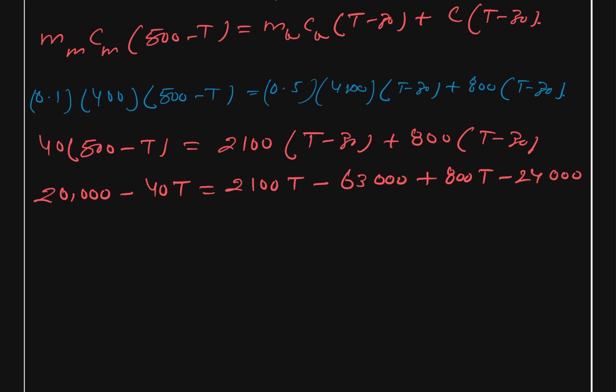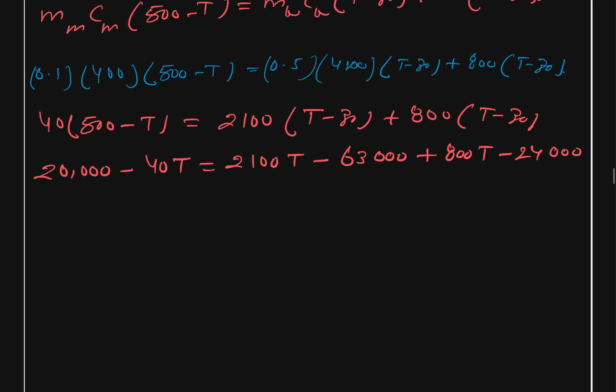So we can just solve this now, and we get 63,000 plus 24,000 minus 20,000. So we have 21 into 30, plus 24,000 minus 20,000.